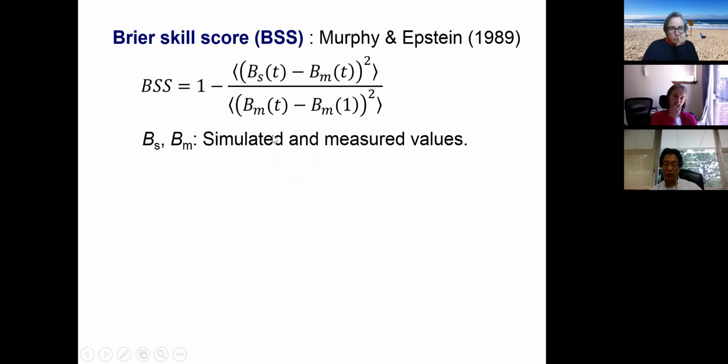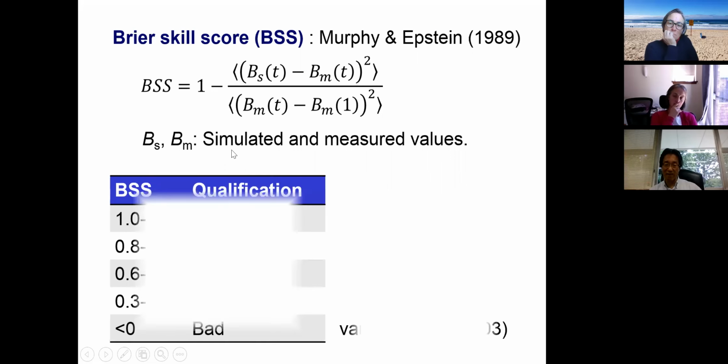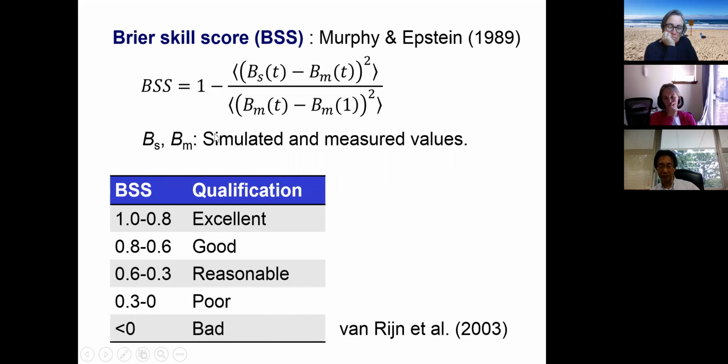For models of morphological change, van Rijn proposed a criterion. According to his criterion, when the model's BSS value is larger than 0.3, the model is evaluated as reasonable at least.